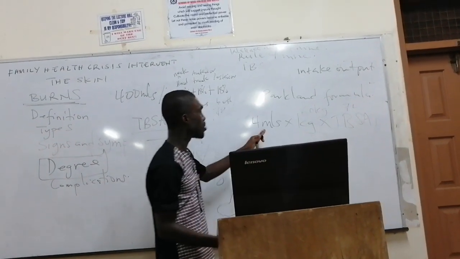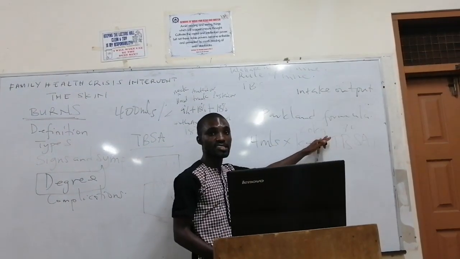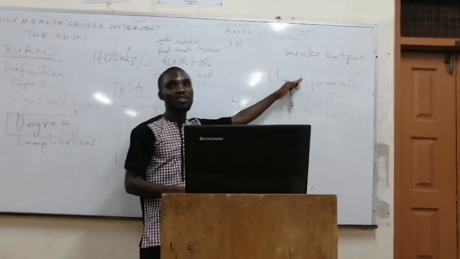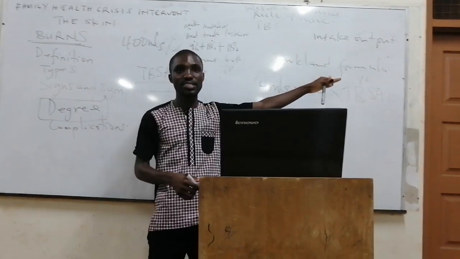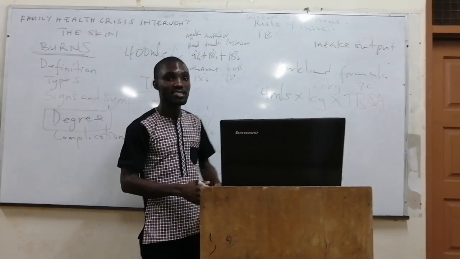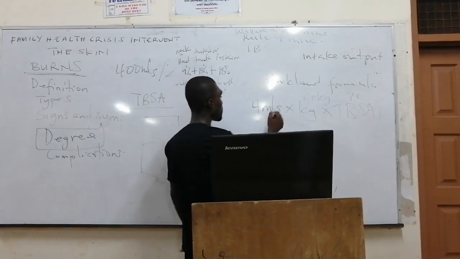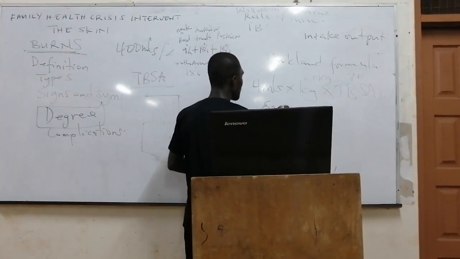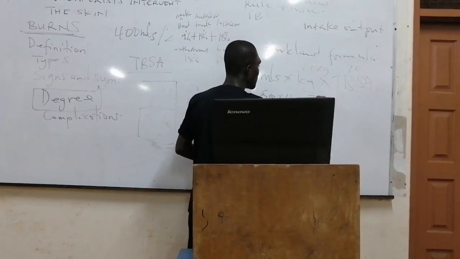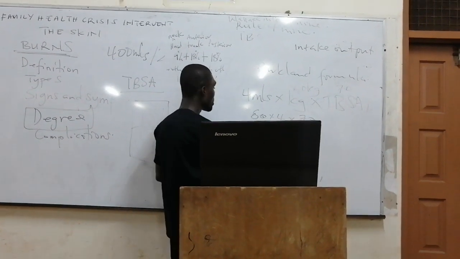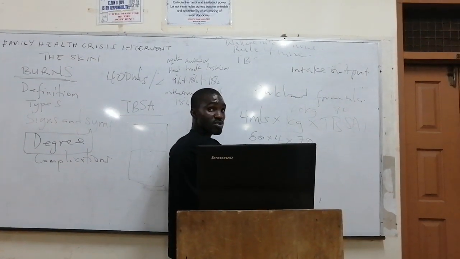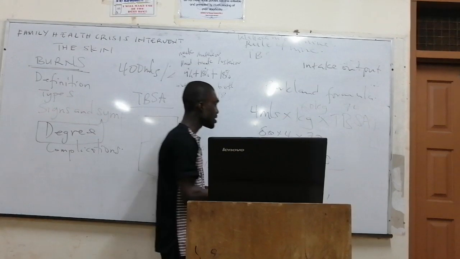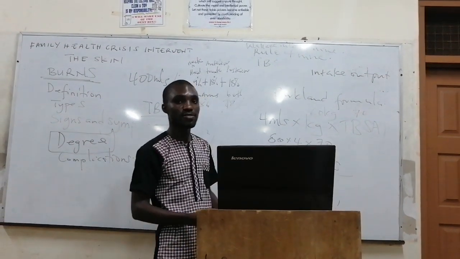Then it means that you have to multiply 4 by 60 by 70. 60 times 4 times 70 will give 16800 mils. So this is the amount of mils that should be given within 24 hours.